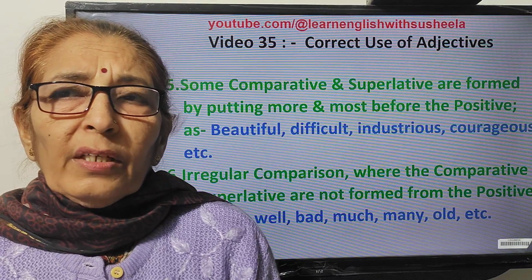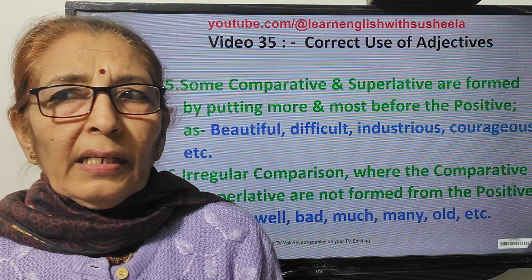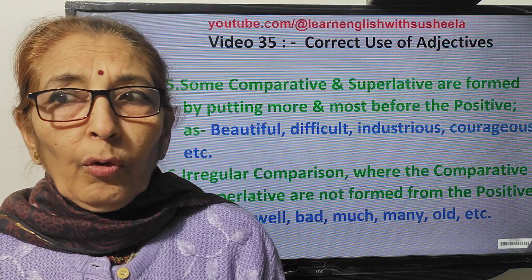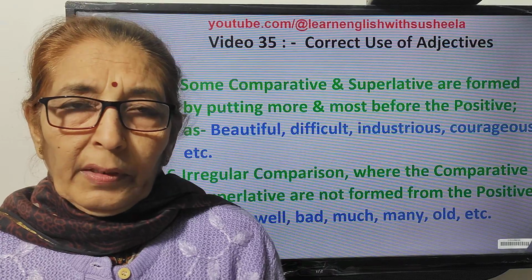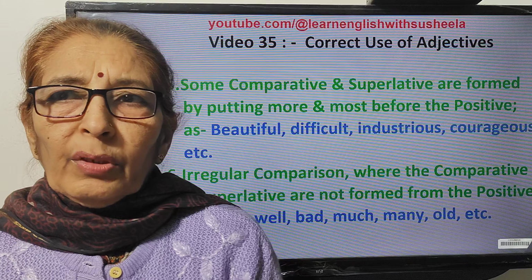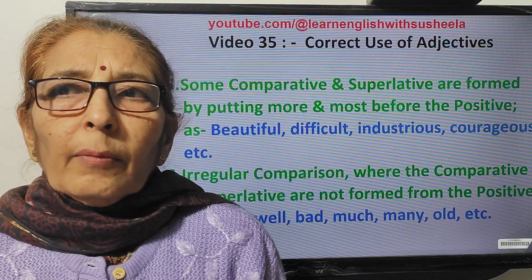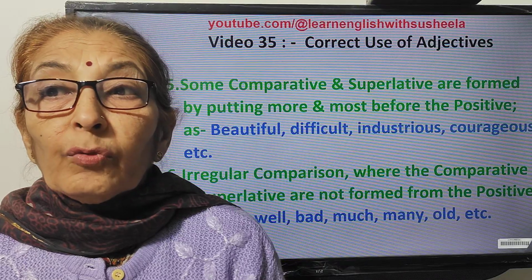Now the last way is irregular comparison, where the comparative and superlative are not formed from the positive. We use another word, just as good, better, best. In the same way, well, better, best. For bad we use worse and worst.